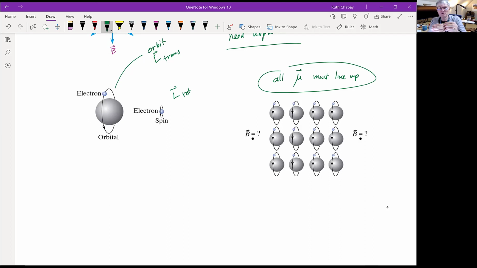If we take two magnets, the north end likes to stick to the south end. If I try to put them together, south end to south end and north end to north end, they actually repel each other. They don't want to do that. What they want to do is stick together lined up like that.